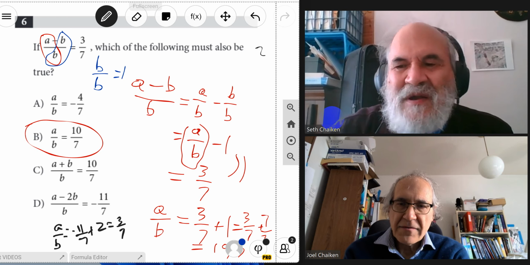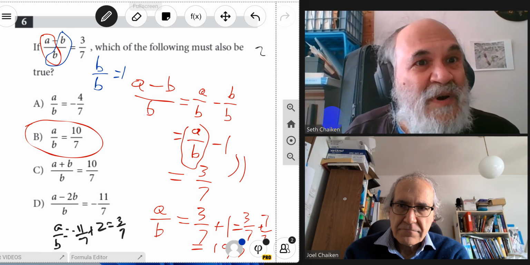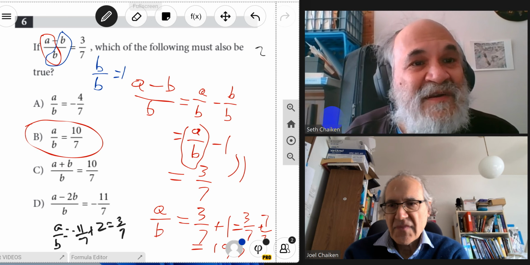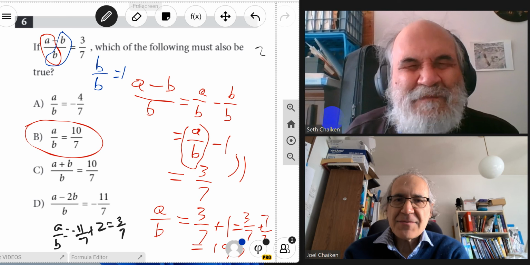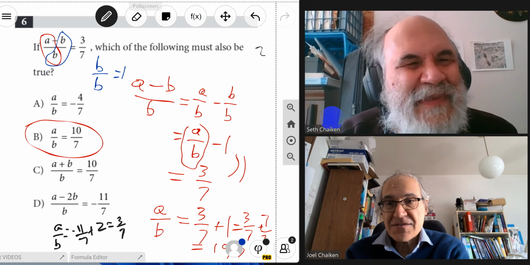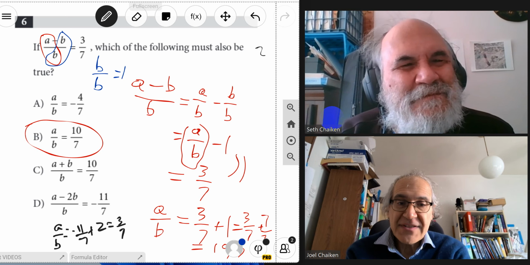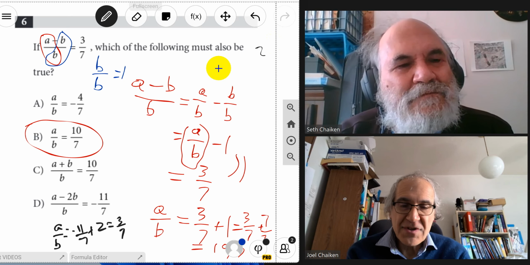But some fluency led me to immediately rewrite this as A over B minus 1. So this falls into what I call a pattern, or you would call a coincidence. They set this up, and once you see the pattern, you can just solve it much easier than doing the cross multiplying.